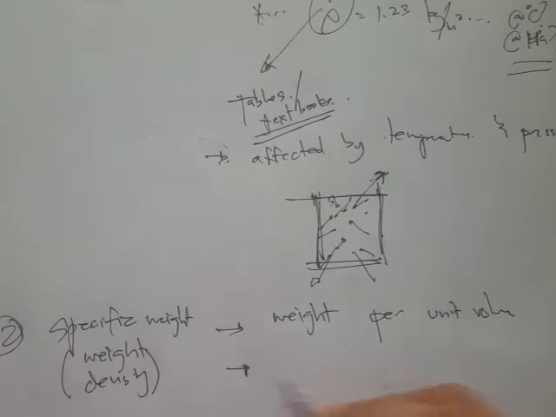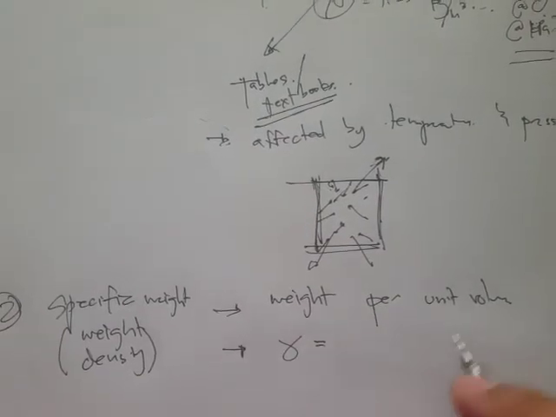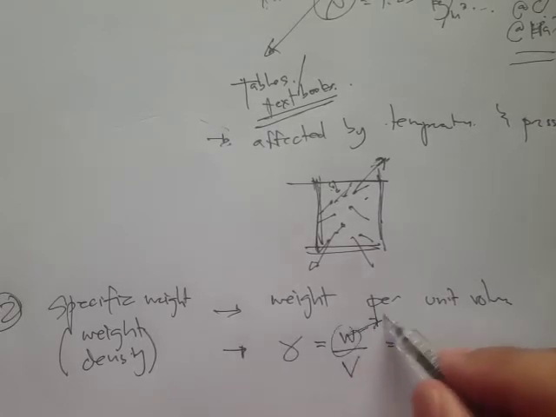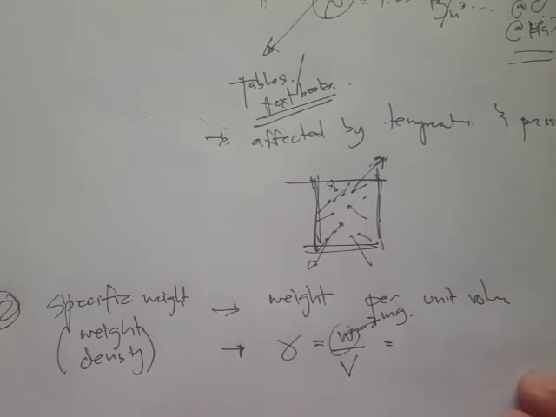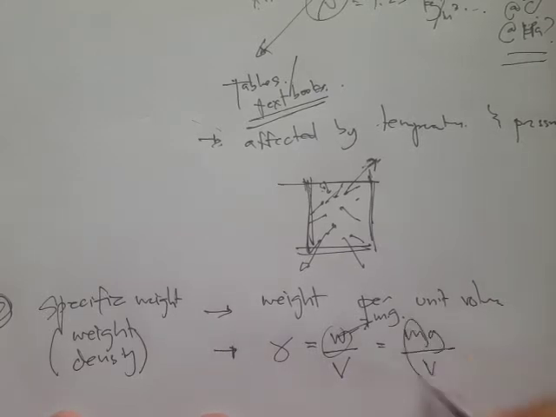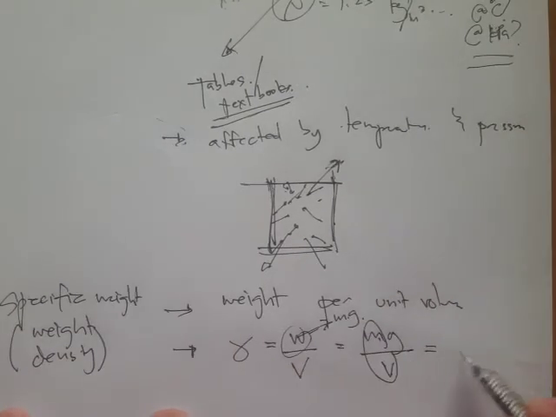Therefore, our equation would be weight per unit volume, and since weight is equal to mass times the gravitational acceleration, and mass per unit volume is just density, we can also write it as the mass density times the gravitational acceleration.